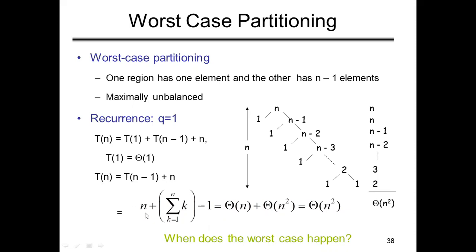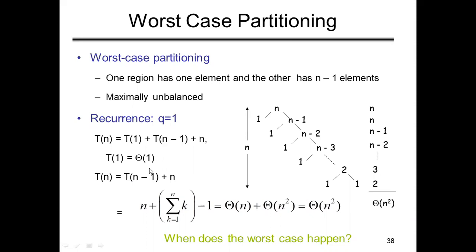So when you apply this, n plus sigma k equal to 1 to n of k. That means 1 to n elements we are taking, so minus 1. So it equals theta of n plus theta of n square. Out of theta of n and theta of n square, the highest degree is n square. So we are taking theta of n square.